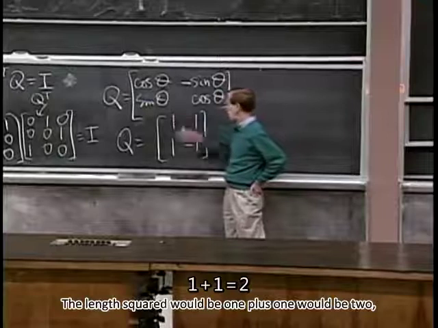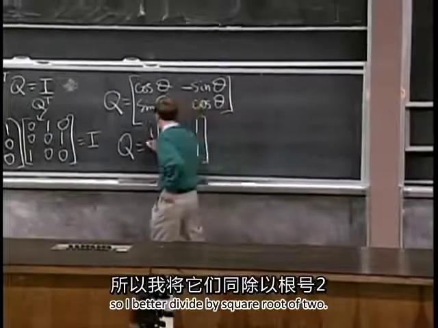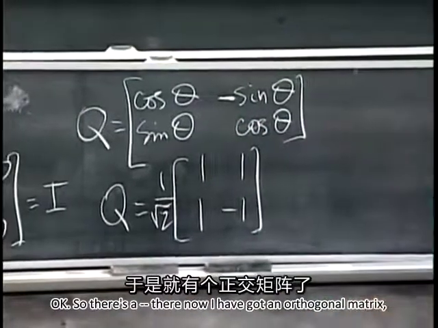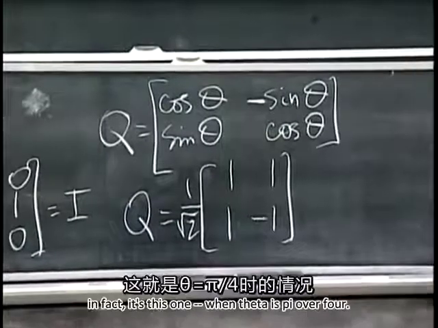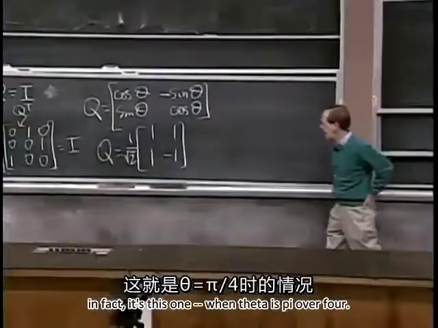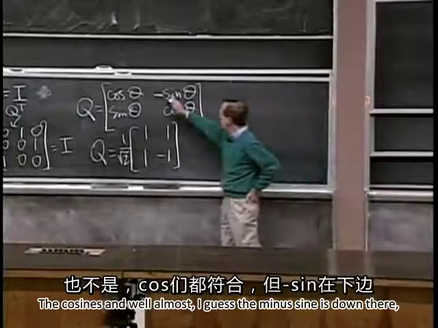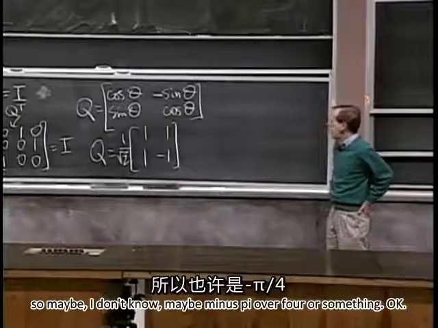The length squared would be 1 plus 1, which is 2. The length would be square root of 2, so I better divide by square root of 2. Okay, so now I have an orthogonal matrix. In fact, it's this one when theta is pi over 4. Well, almost. I guess the minus sign is down there, so maybe minus pi over 4 or something.